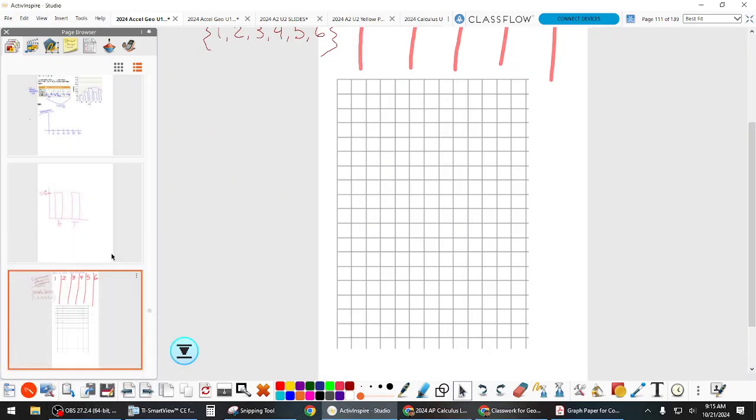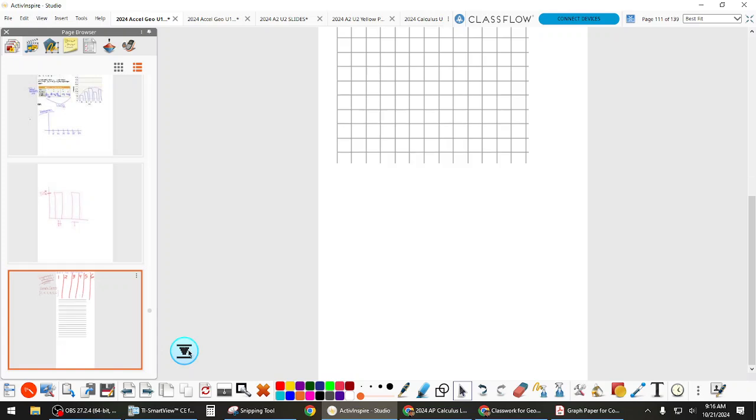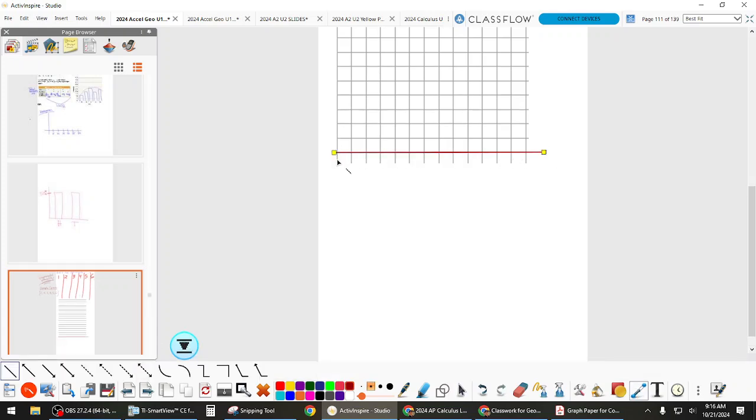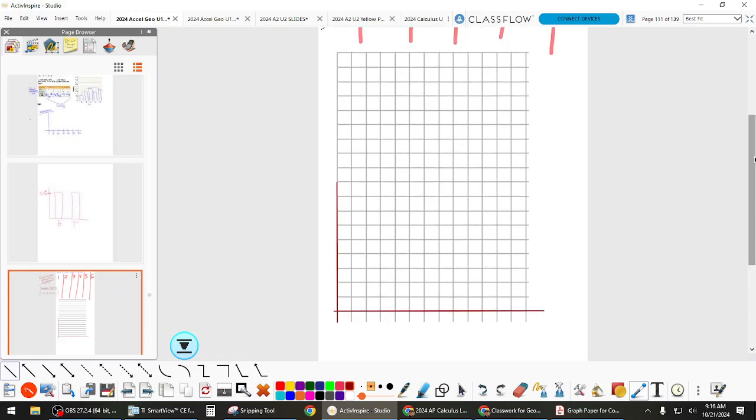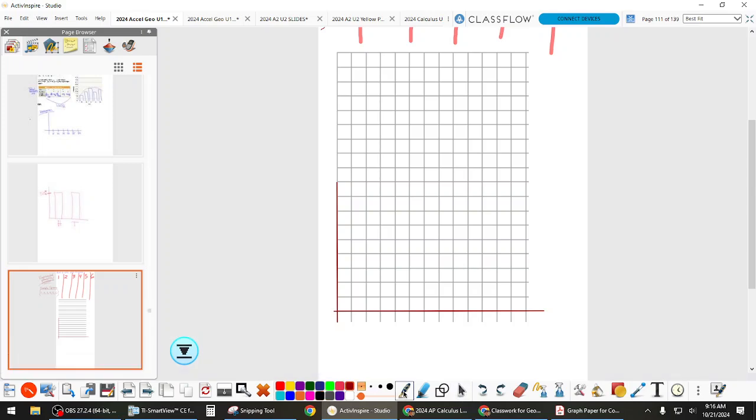Let's all set up the graph the same way. So you should have your relative frequencies, so you should have your percentage of each outcome. Anyway, you're going to make your graph size-wise so it fits like this.